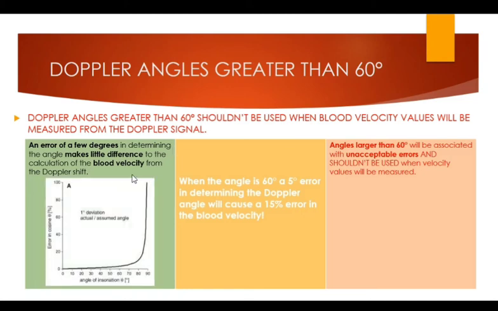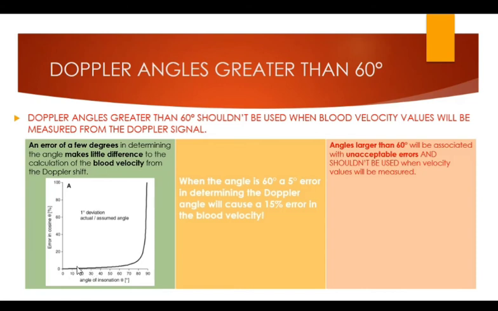We can see that in the table below when we're looking at a 1 degree deviation. What that means is that we've looked at the vessel, we've done our angle correction, but we're off by 1 degree. Down here we've got our angles. Let's look at 10 degrees, 20 degrees, 30 degrees.